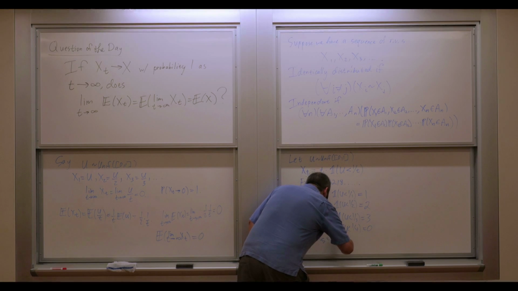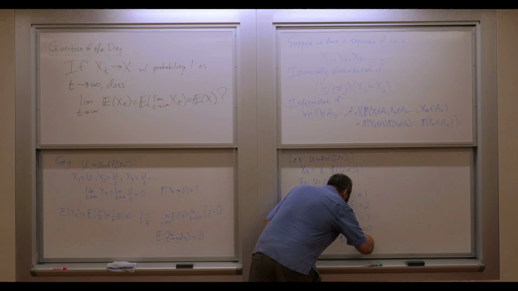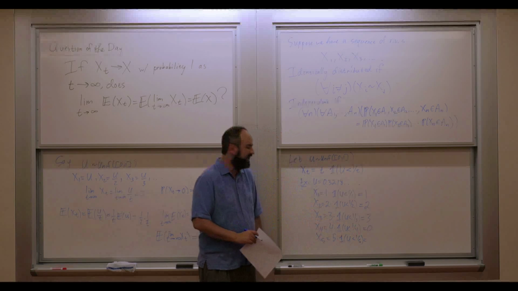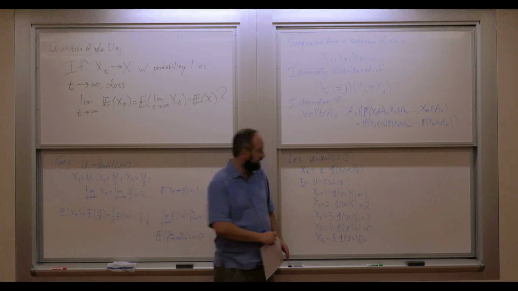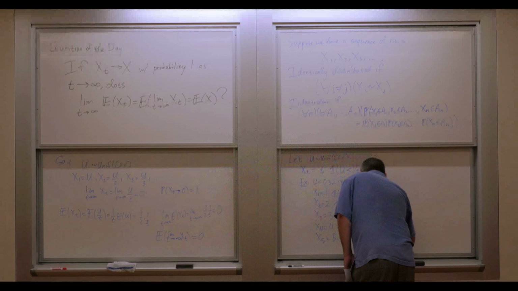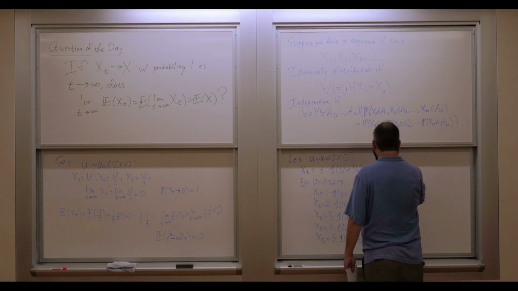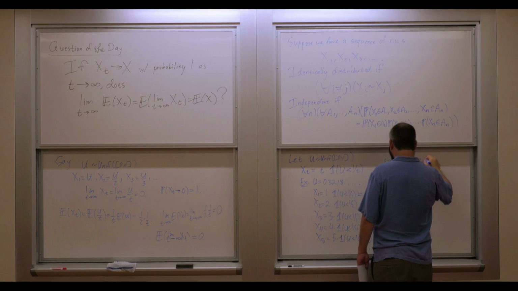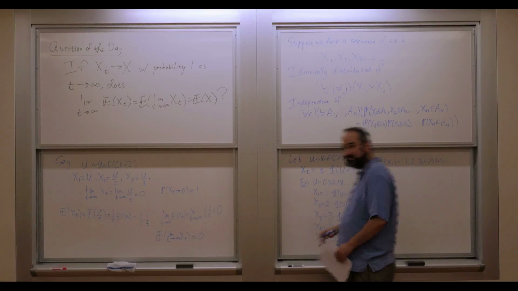X sub 5 is 5 times the indicator u is less than 1/5. Well, 1/5 is even smaller than 1/4. So if u is bigger than 1/4, it's certainly bigger than 1/5. So it's 0. And it's zeros all the way down. If I look at the x sequence, it goes 1, 2, 3, then 0, 0, 0, 0.